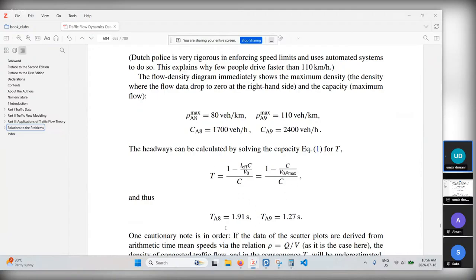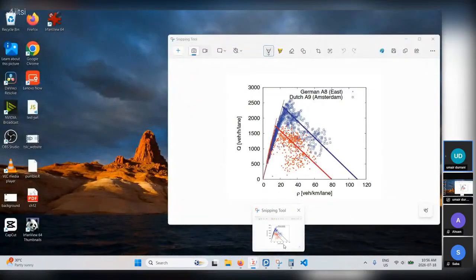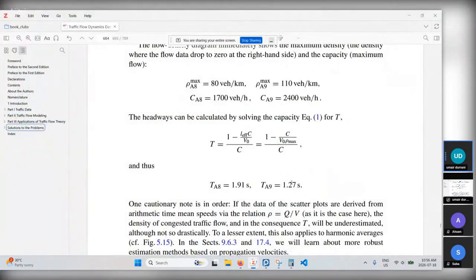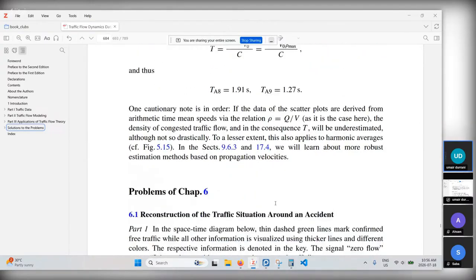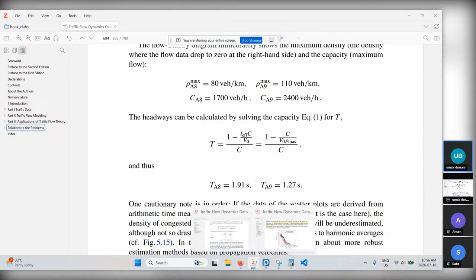Using this formula, we then get the time gap of 1.9 seconds and 1.27 seconds. So the Dutch A9 time gap is smaller. Sorry, A9 is which one? A9 is, yes, it is Dutch. It is smaller time gap compared to the time gap of the German road, and that's because they have higher flow. All right, so that completes the answers, the exercises for this chapter.